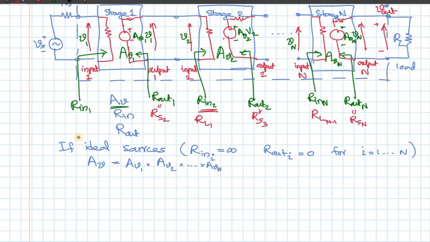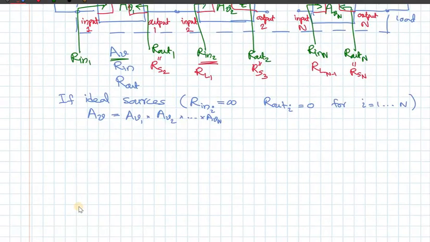However, because we have these input impedances and output impedances which are not really 0, these values may not actually be just that. Okay, so therefore we have to find what exactly are these things. Overall AV, you see the definition of AV, if you remember, is equal to the load voltage divided by source voltage.